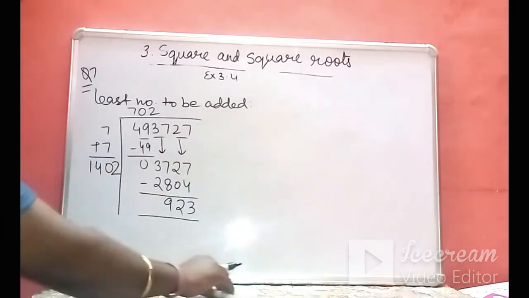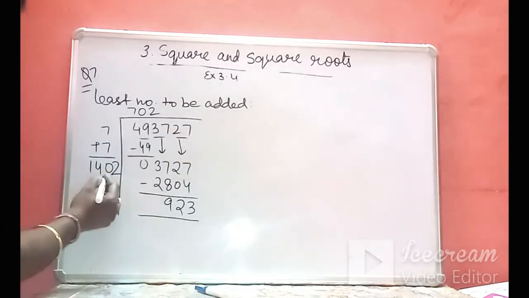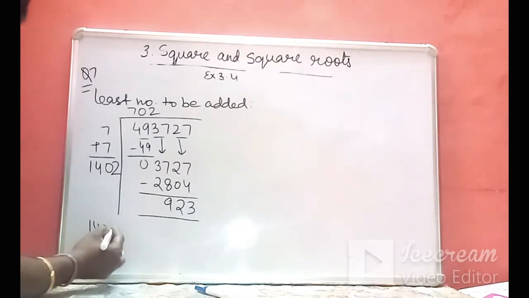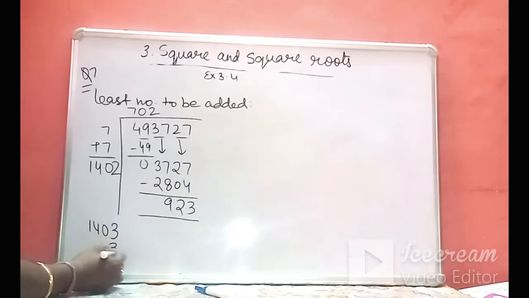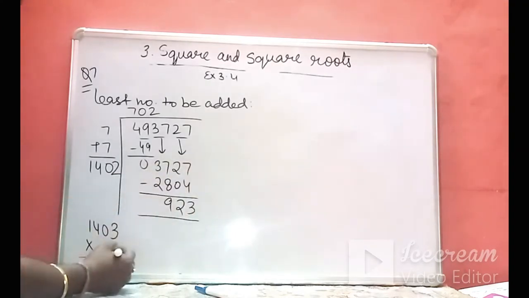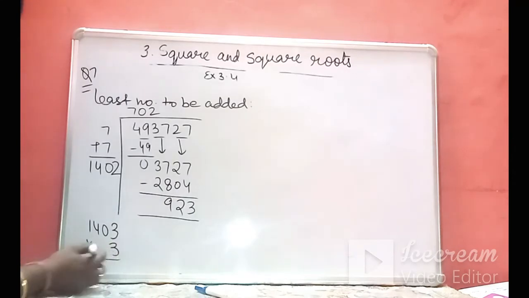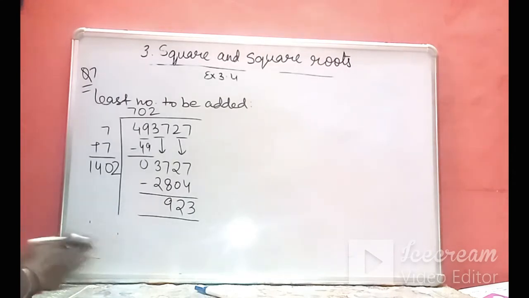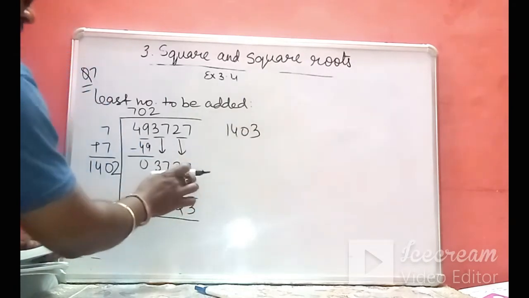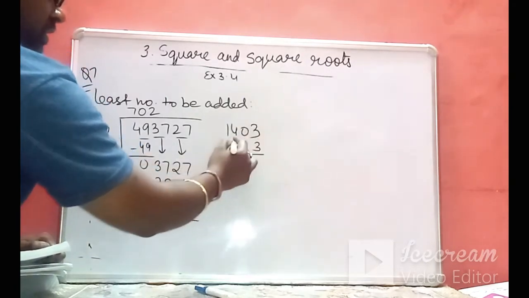So what I am going to do, I will calculate the next after 2, that is 1403 into 3. I will calculate the just bigger number than this 3727, that is 3.